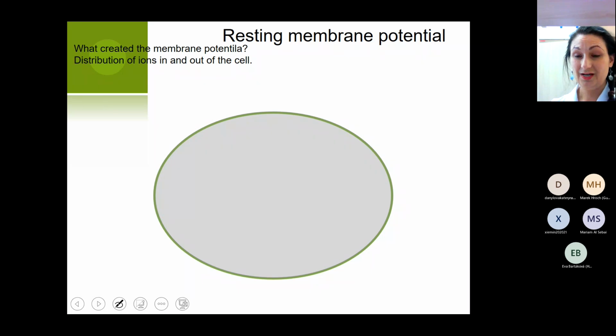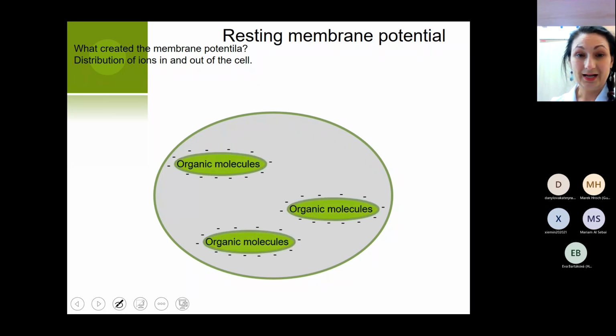It's ions. First one, it's organic molecules. It's actually the 5th player. It's, in general, all organic molecules. Normally, inside the cell there is a higher concentration of organic molecules in contrast to the outer space of the plasma membrane, the extracellular space.